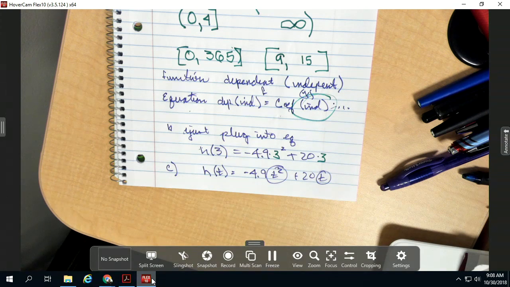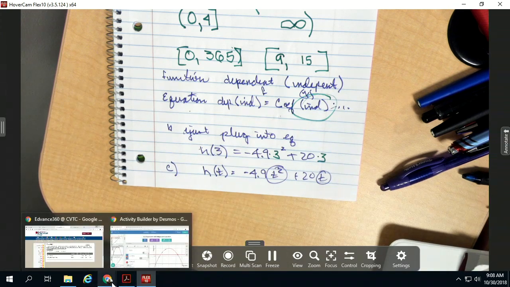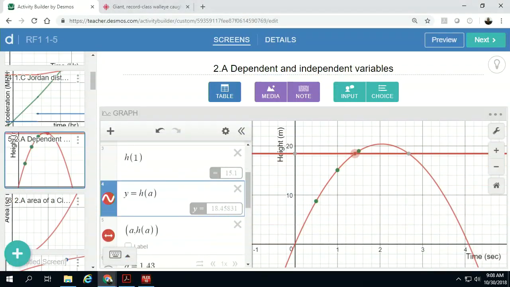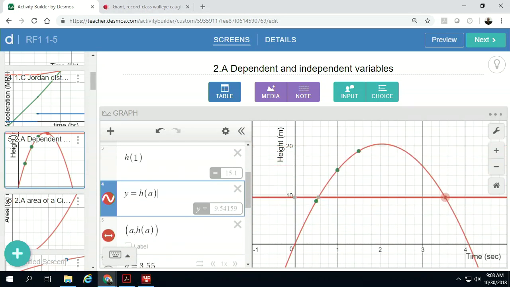But right now, we haven't done that yet. How do you find the x value if you're given the y value? The way to do it right now for you, for the test, graph it in Desmos. Raise your hand, I can graph it in Desmos.